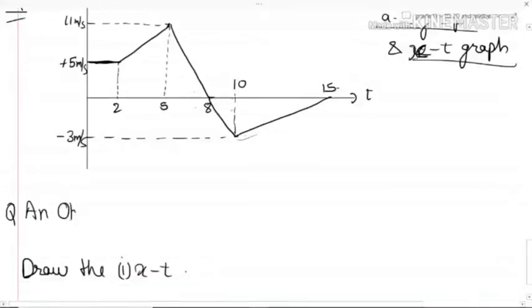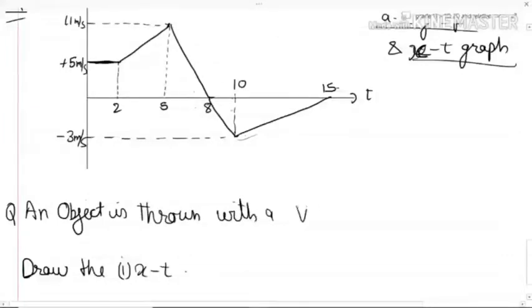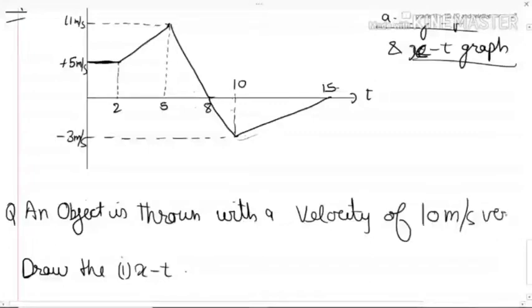An object is thrown with a velocity of 10 meter per second vertically upwards.